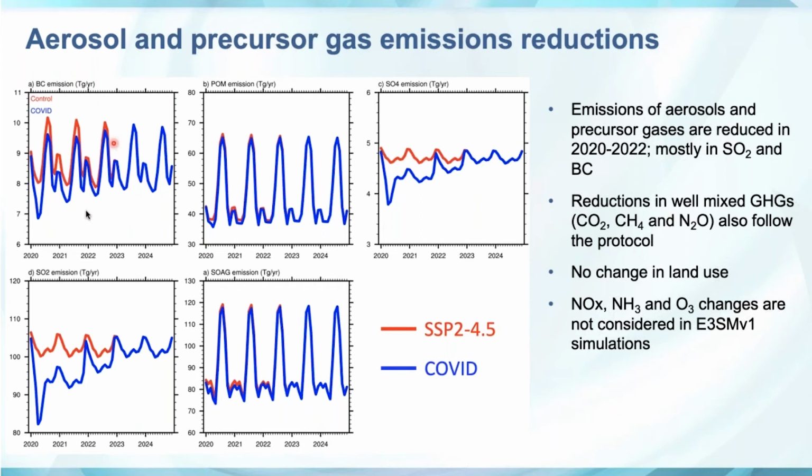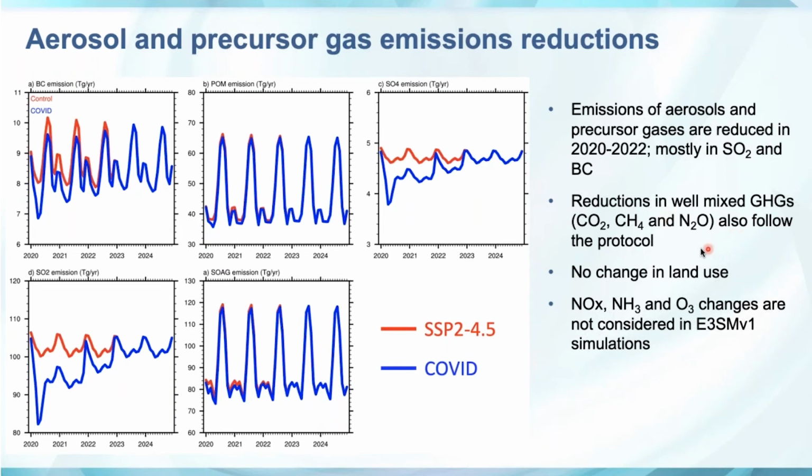Black carbon, for example, in panel A here, and SO2 have the largest reduction from January 2020, all the way until they revert to the baseline in 2023, so by the end of 2022.